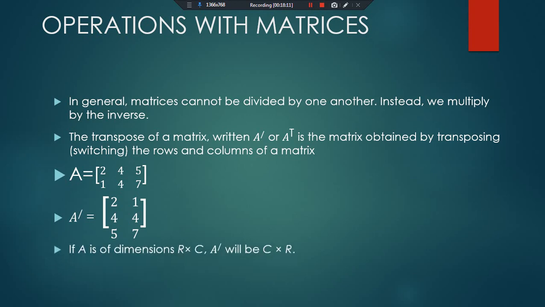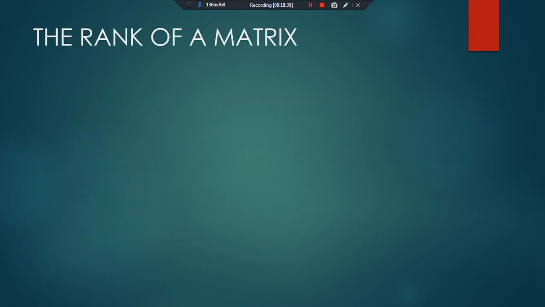If A is of dimension R cross C, the transpose of A will be C cross R. So keep in mind that the transpose converts the rows into the columns and columns into the rows. So technically the transpose can be interpreted as C cross R.